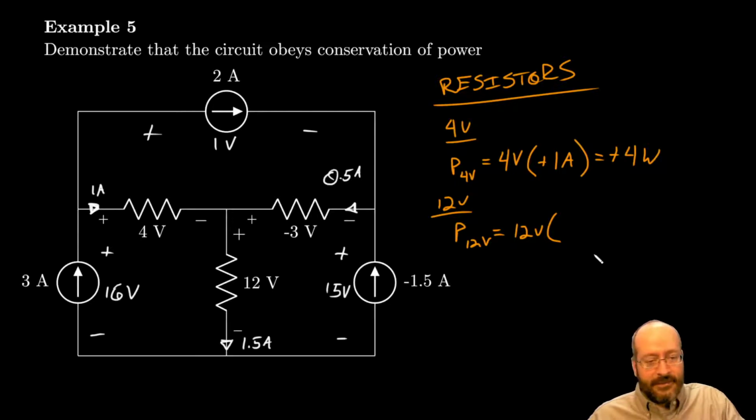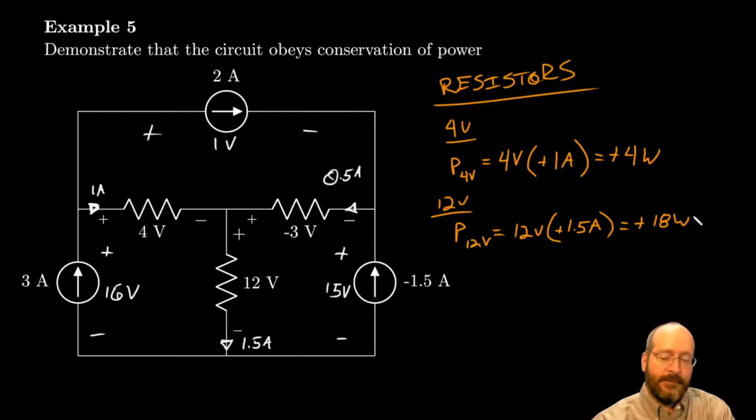I see 1.5 amps flowing down. So once again, it's going to be positive 1.5 amps. 12 times 1.5 is plus 18 watts. So between those two elements, we have 22 watts being dissipated in this circuit.